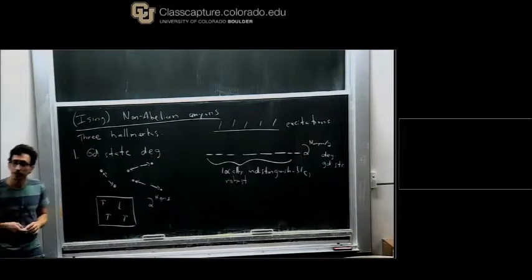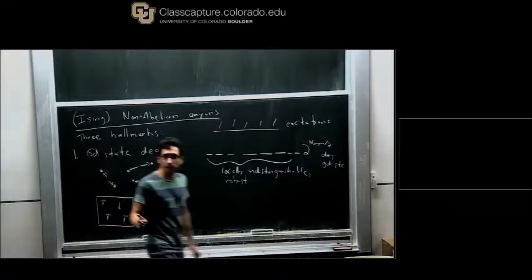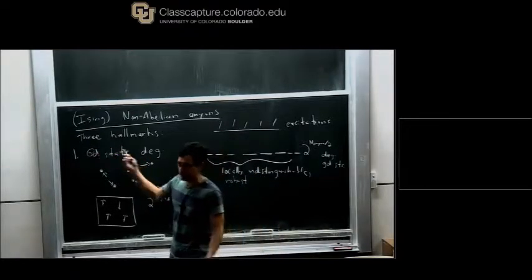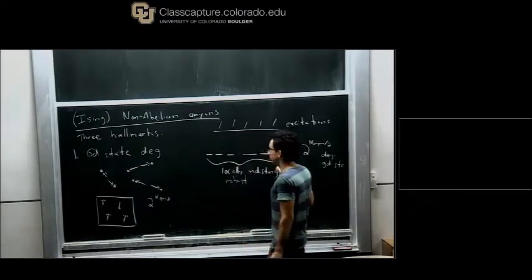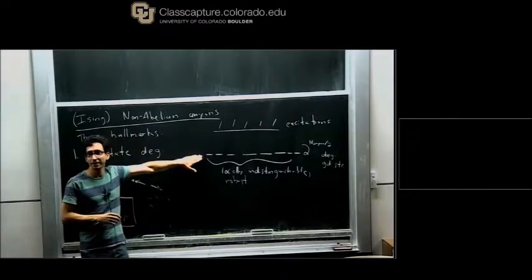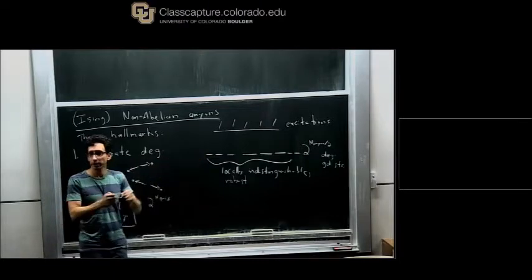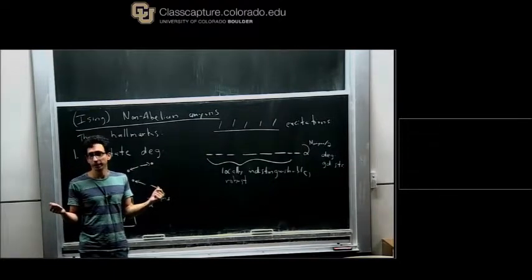Can you comment on this degeneracy with respect to position of these anyons as well, sort of this continuous degeneracy? Okay, so I will comment on this when I get to toy models, but maybe it's worth saying this now. This degeneracy is not actually exact. When I say degenerate, I mean degenerate up to corrections that are exponentially small in the separation between these anyons.